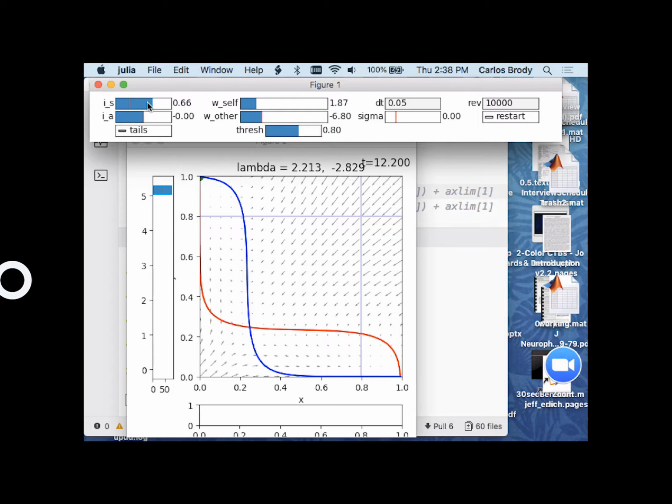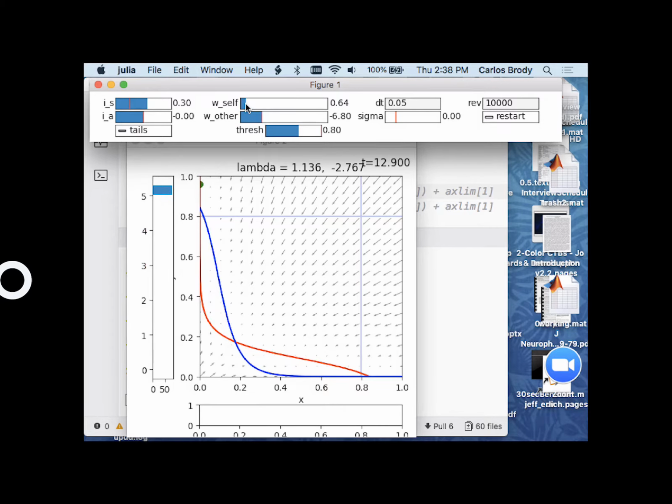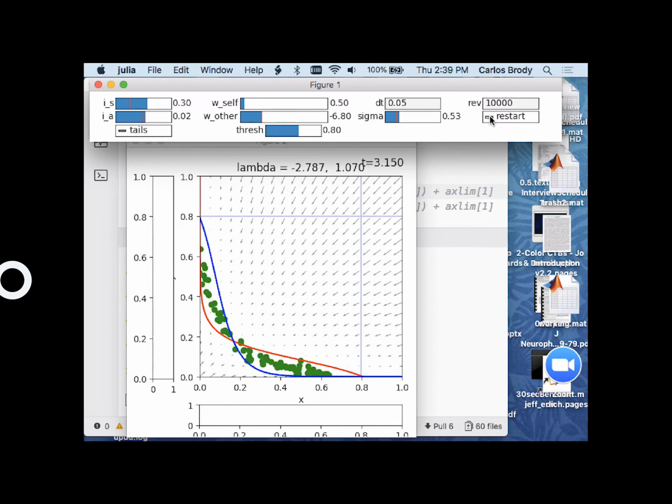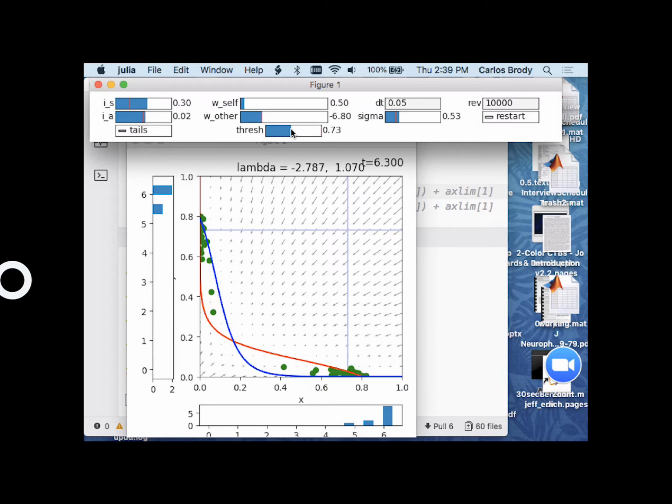Now, one of the things that I pointed out is that for any particular value of asymmetry and noise, for any particular value of the parameters, you end up with a fraction of trials where the decision ended up going one way, and also a distribution of reaction times.